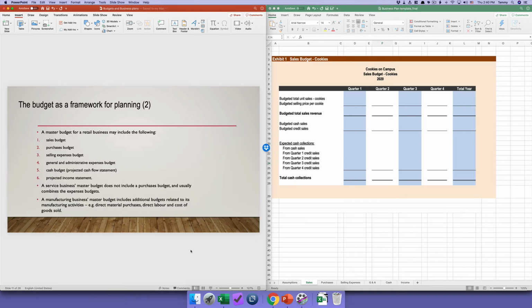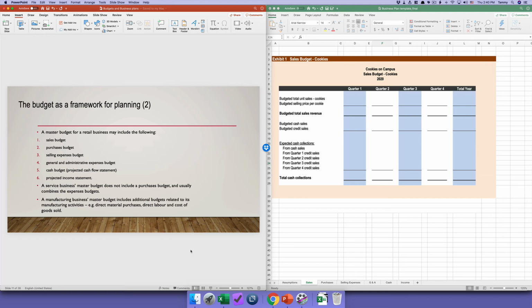Okay, so in our budget, in a retail business, think about what the operating cycle or activities are for a retail business. You sell your goods, and then you buy what you need to sell. It costs you money, right? You have expenses associated with selling things, whether that's advertising, or the actual cost of paying salespeople, or commissions, things like that.